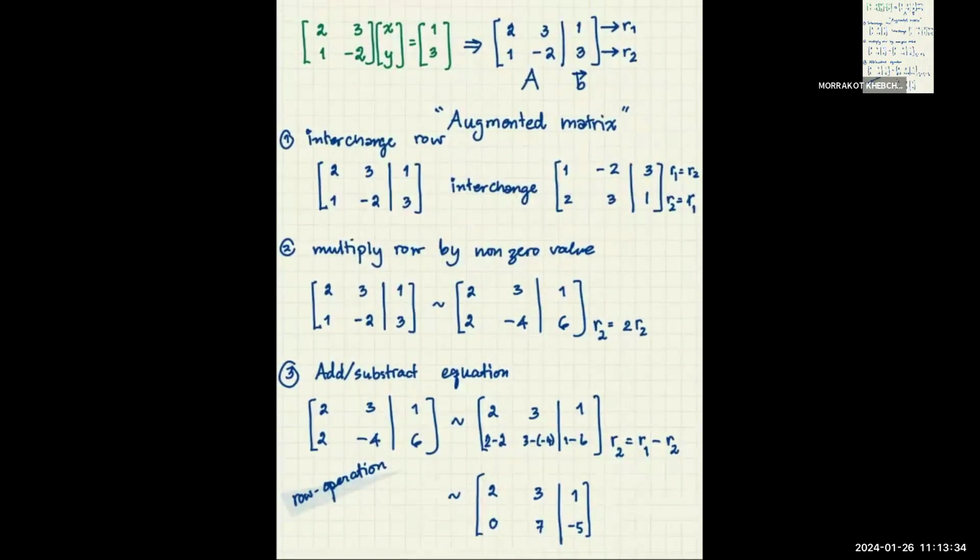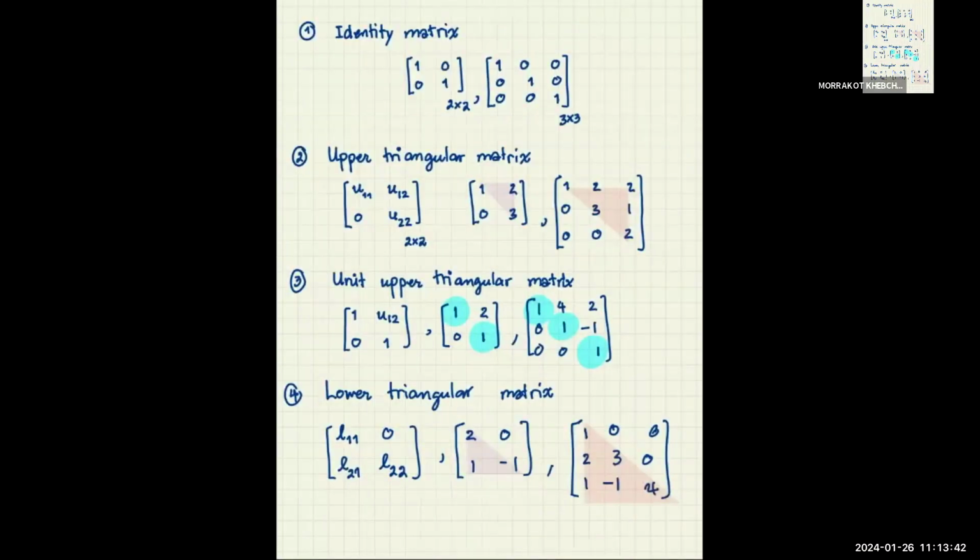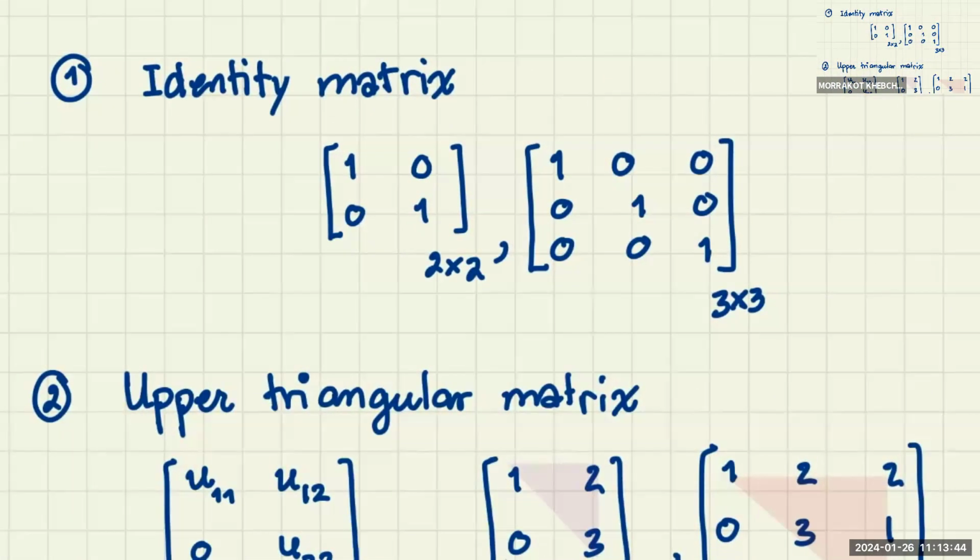And I want to introduce you to certain types of matrices. The first one is called the identity matrix. The identity matrix is the matrix that has the number one along the diagonal. If we have the identity matrix as the coefficient matrix, this means that we already have the solution, okay?